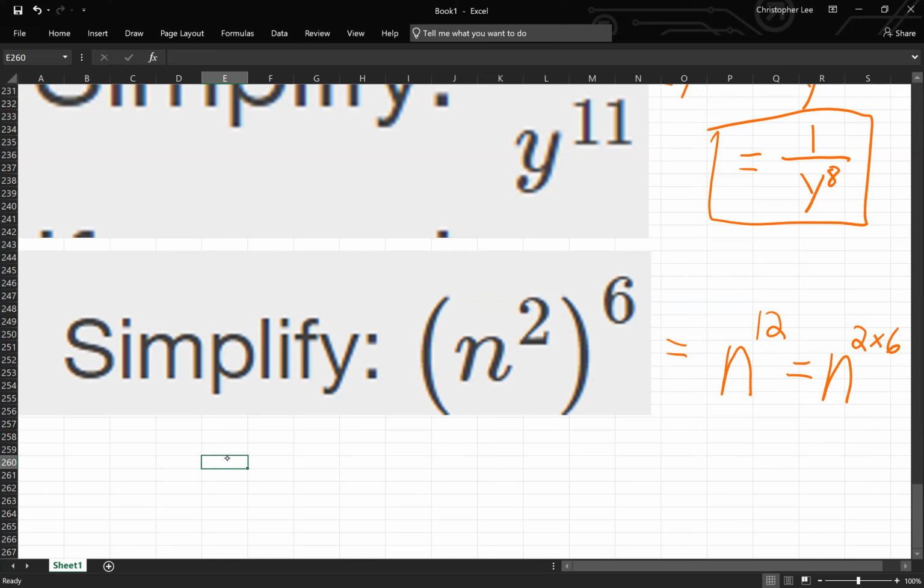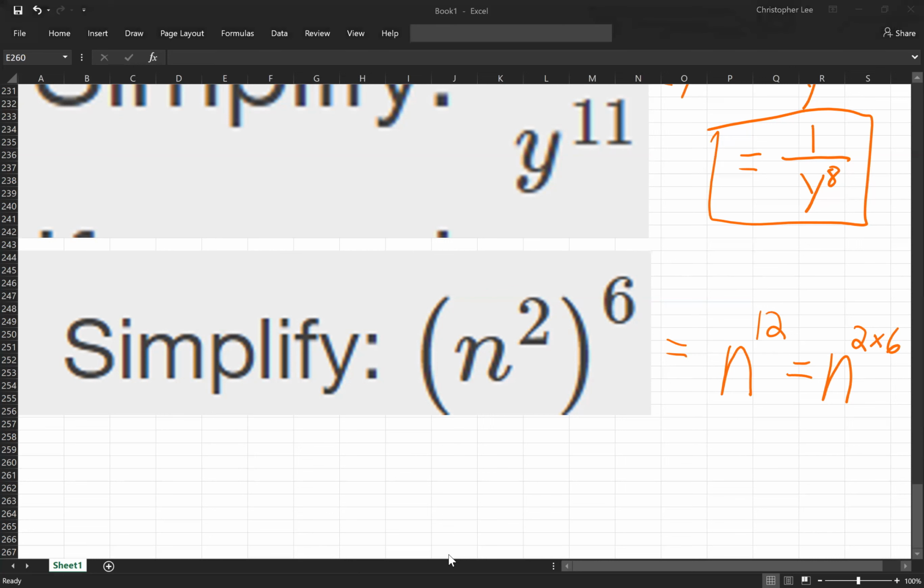Little blast from the past. N squared six times, so that's how you get the 12. You could do it that way too, that's legal also.